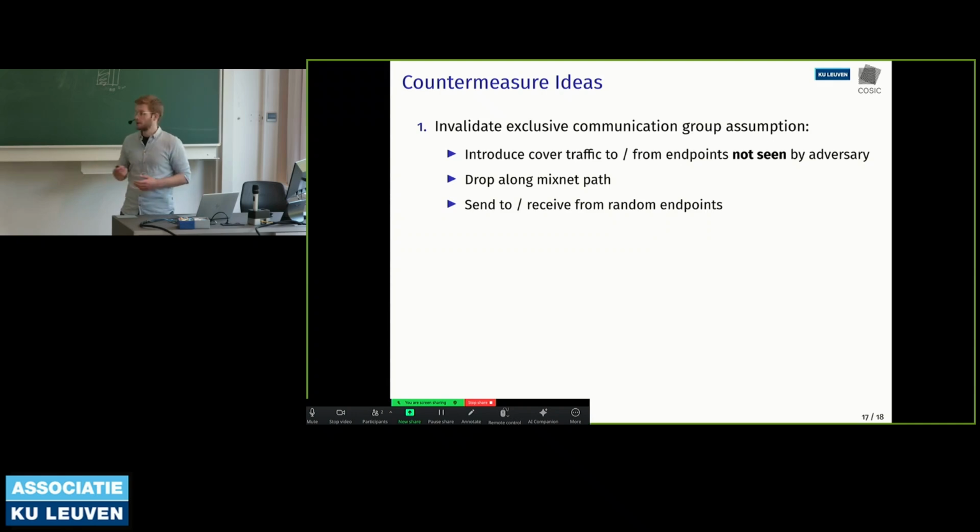For example, you can think about packets that are dropped along the mix path, right? Like you say, okay, mix 2, drop this packet, right? So it goes in, it's on ingress, but it's not on egress. Or you can find a way to involve other endpoints. These could be users, but more realistically, they would probably be service operators that you just exchange random packets with.